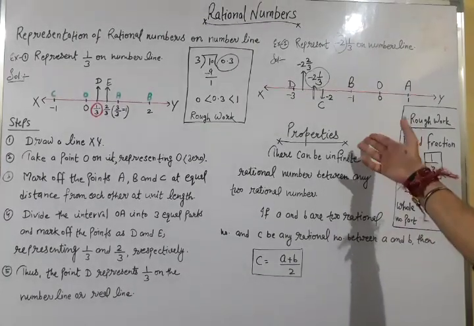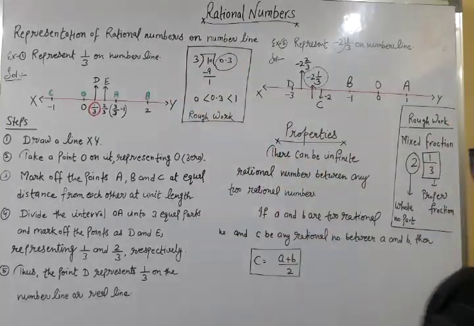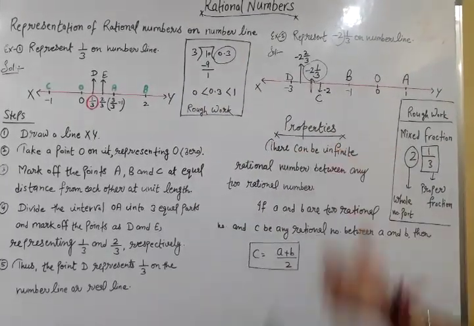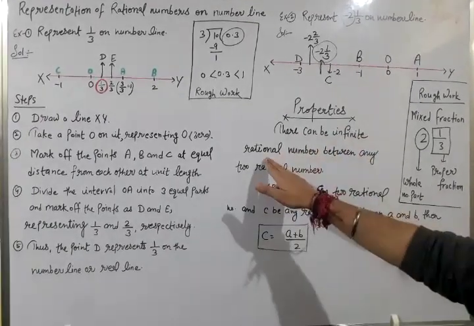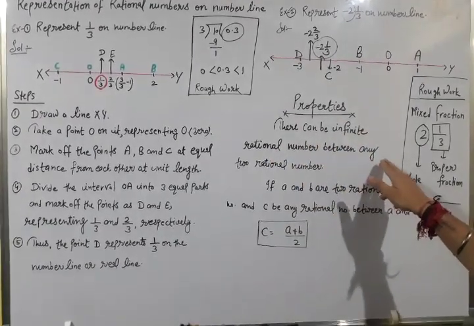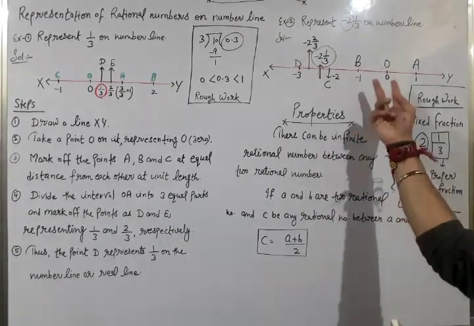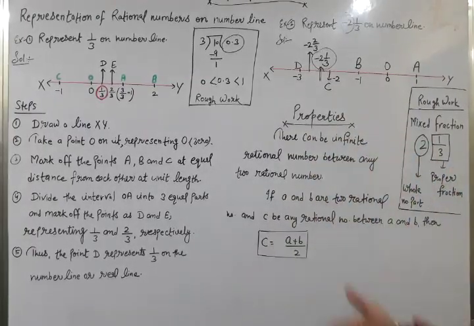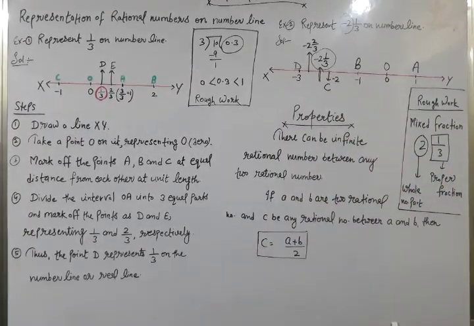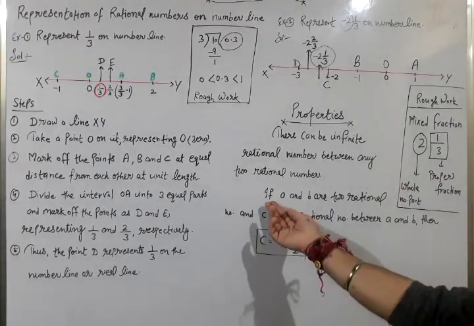We have some properties of these rational numbers that are connected with these examples. Read the first property. There can be infinite rational numbers between any two rational numbers. Between any two rational numbers we can find infinitely many rational numbers, and to get them there is one formula also.